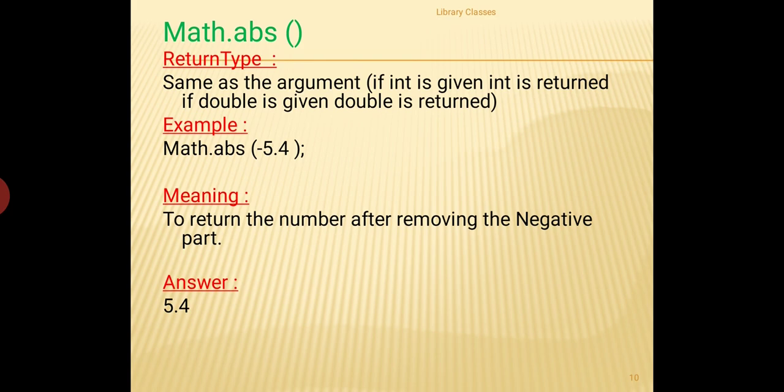If you take int a equal to 5, then it will return the answer as int. If you give it double 4.3, it will return the answer in double. It is an absolute value, which means it will just remove the negative part, whether it is a whole number or a decimal number with a negative part.